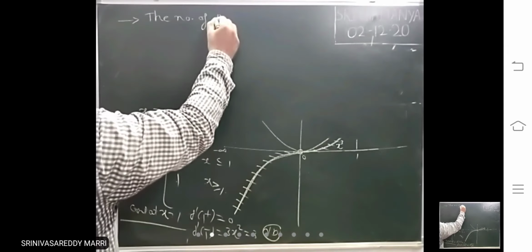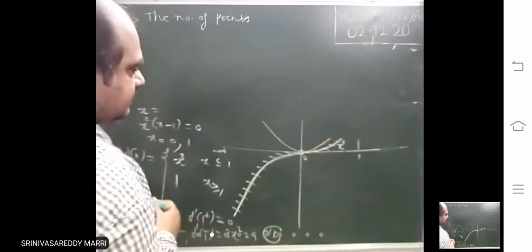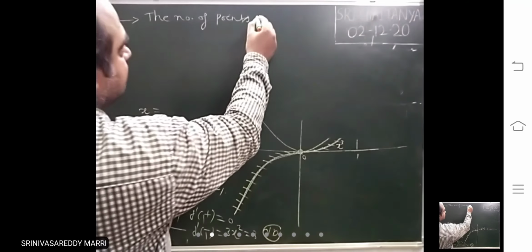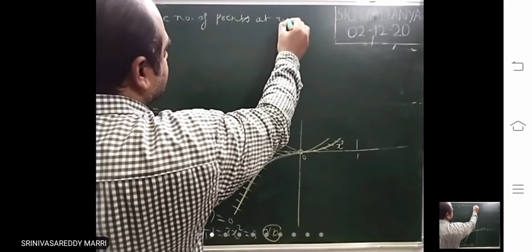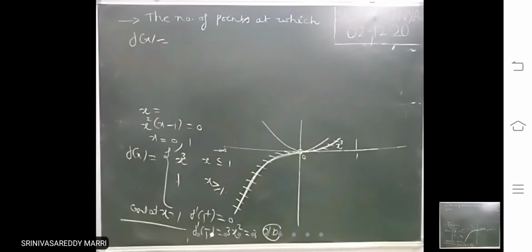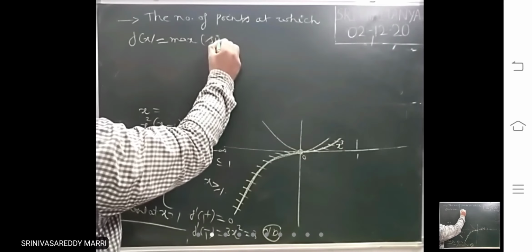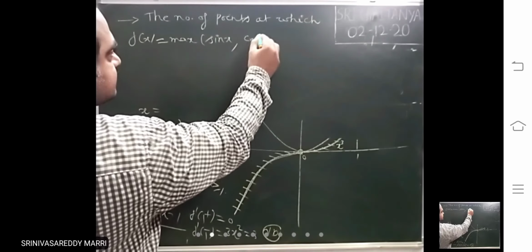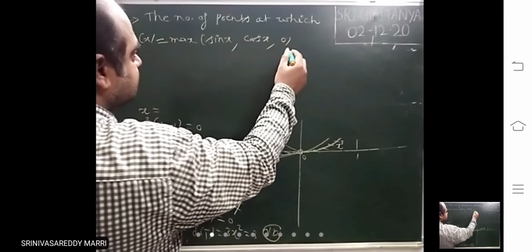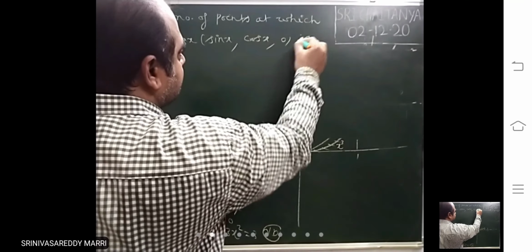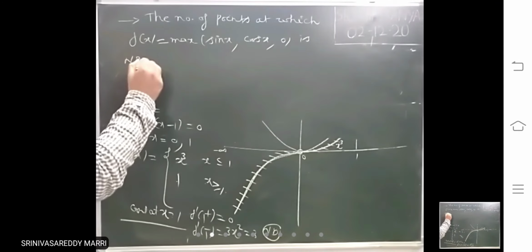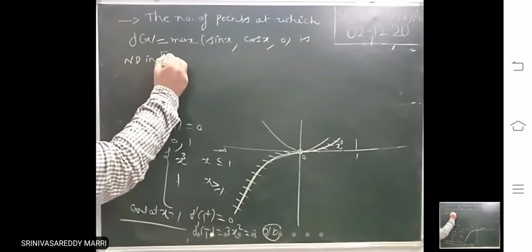The number of points at which f of x equals maximum of sin x comma cos x is not differentiable in 0 to 2 pi.